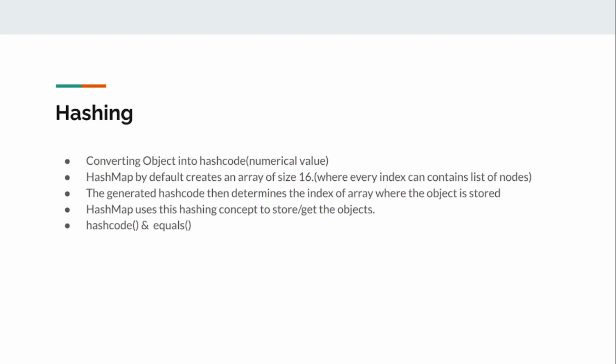Please also go and see my video on hash code and equals. I have attached the link in the description, and it will be helpful. We will see hash code and equals in this video later on.